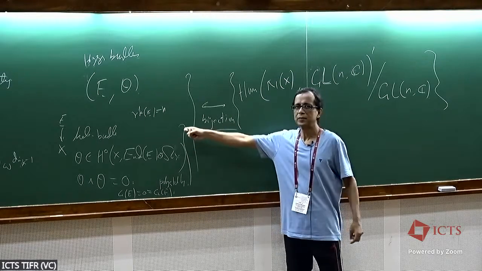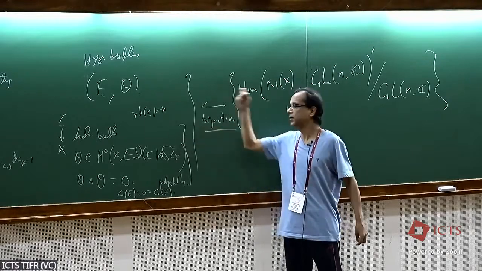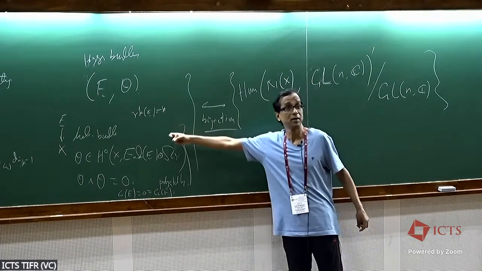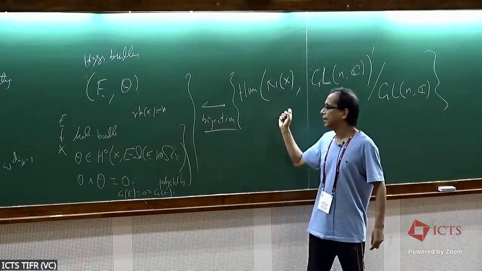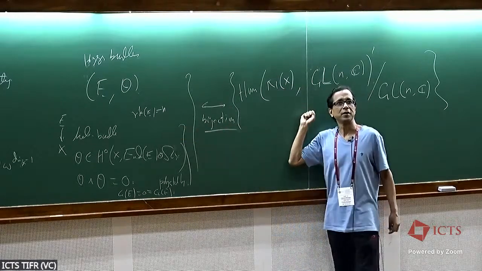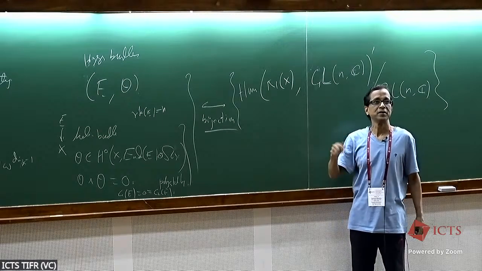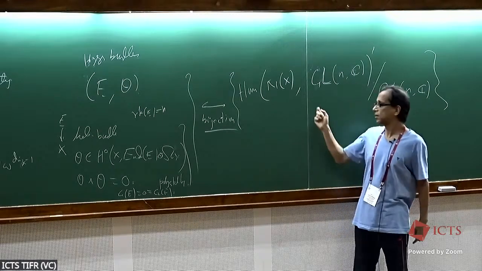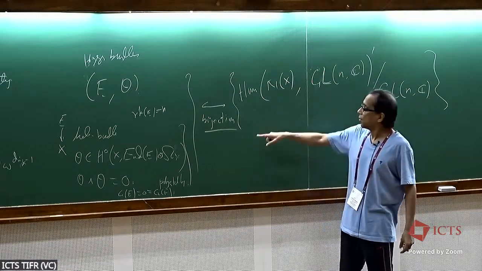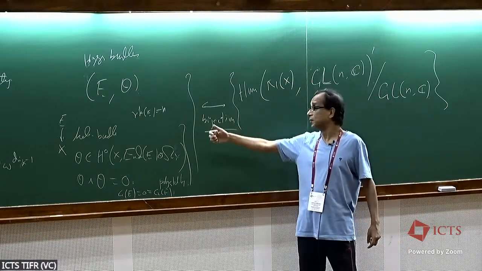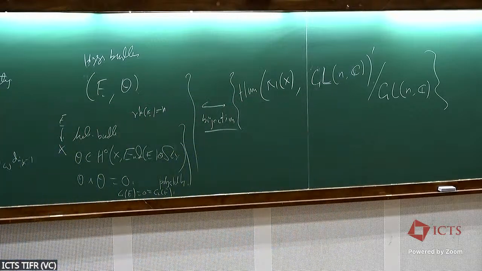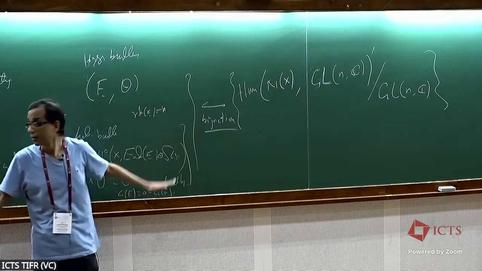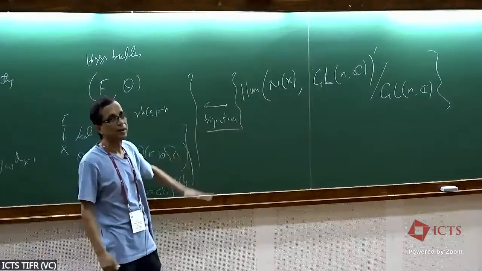A Higgs bundle with the polystability condition produces a harmonic map, which was done by Simpson and Corlette, and Hitchin. The harmonic map was constructed by Corlette in the general case, and in the special case of Riemann surfaces by Donaldson, which was lectured on this morning. So this correspondence is via a harmonic map. Of course, the harmonic map depends on the metric, but this correspondence is independent of the metric. It doesn't see the scalar form.